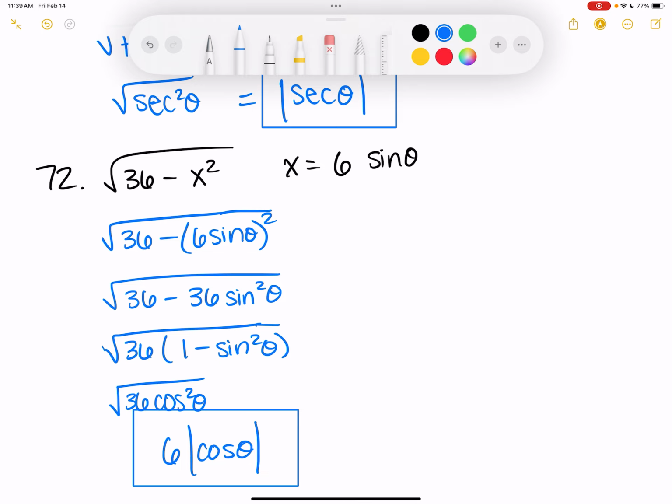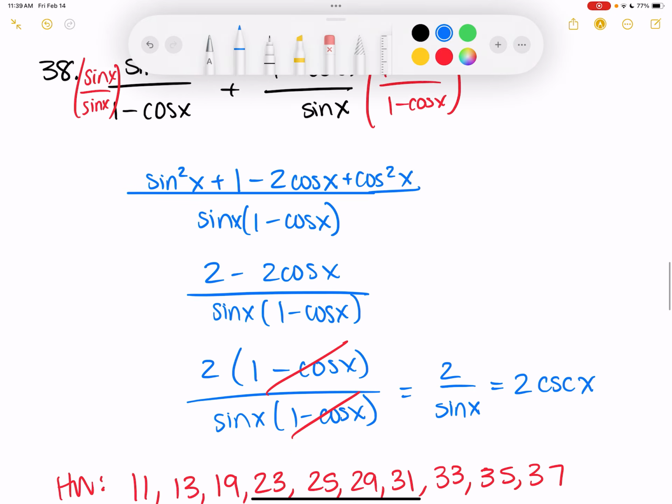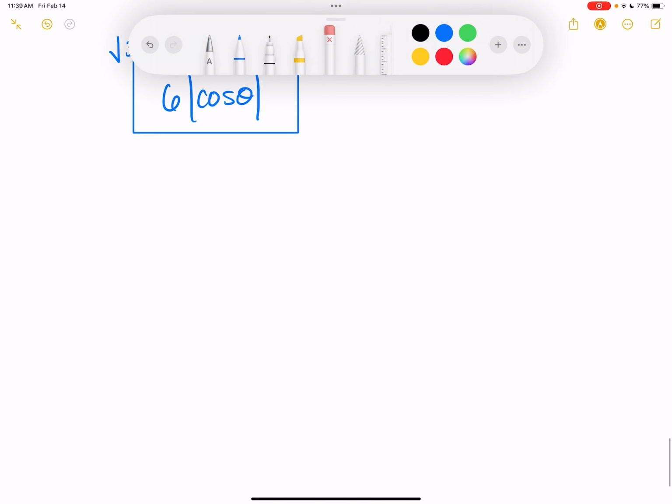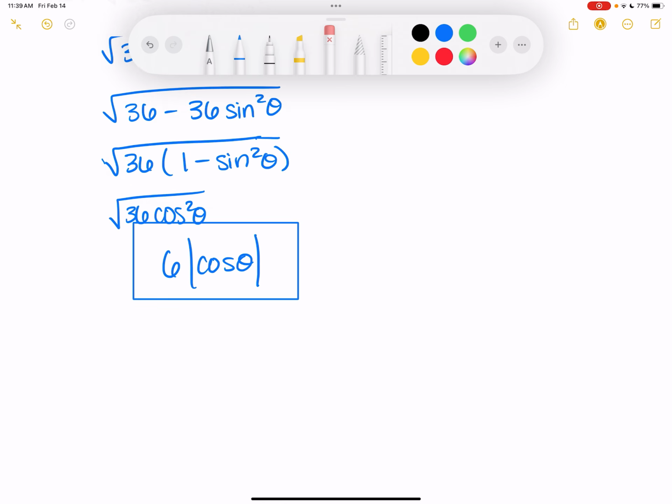All right, where did we stop on problems the other day? 37. All right, so adding on to what you had the other day, you'll just turn it all in together. 39, 47, 49, and then 69 and 73.